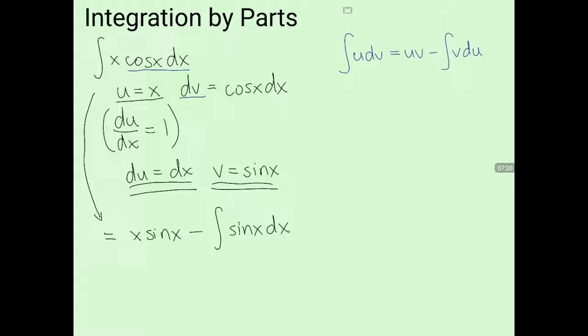Well, we know this integral, and this integral is much easier than our original integral, so our integration by parts has indeed worked. So integral of negative sine x is just positive cosine x. So what we're going to get is our antiderivative is going to be x sine x plus cosine x plus c. And this is going to be our final answer.